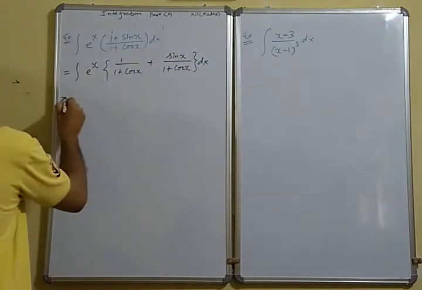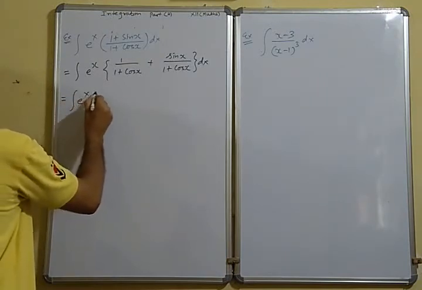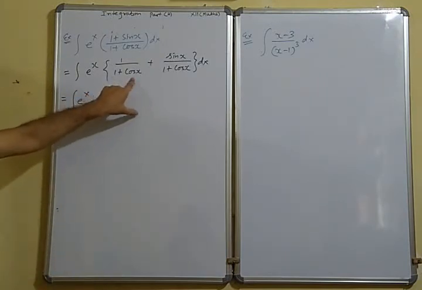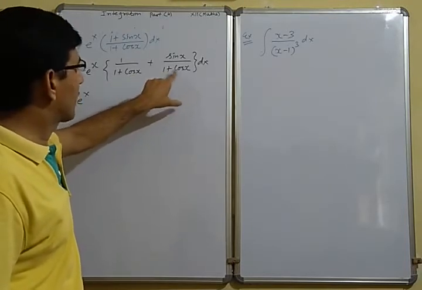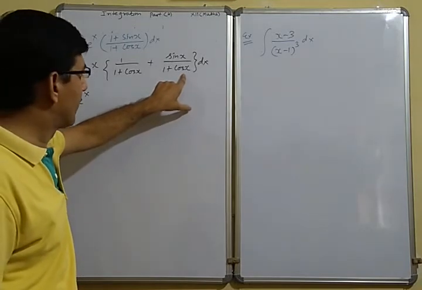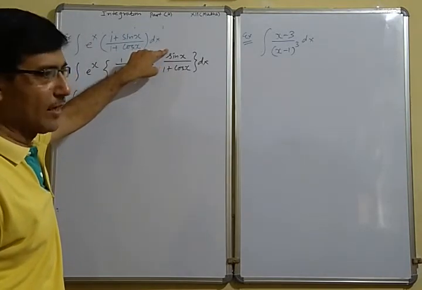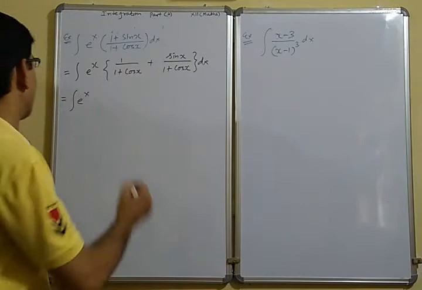Here we use the formula: 1 plus cos x is equal to 2 cos square x by 2, and sin x is 2 sin x by 2 cos x by 2.